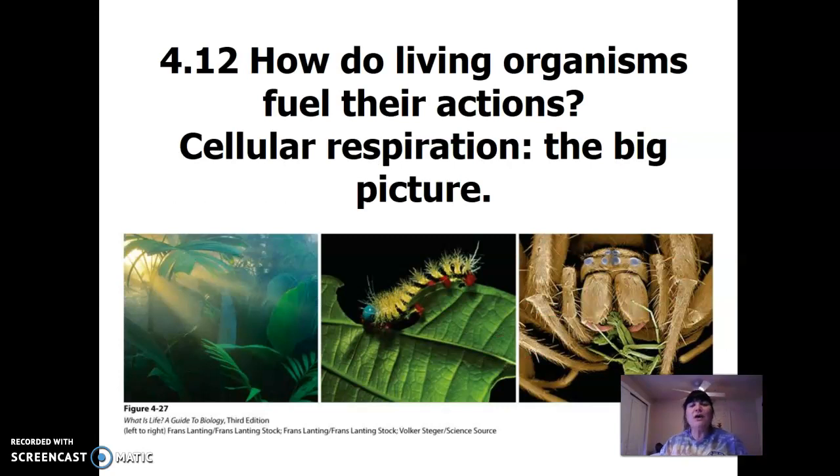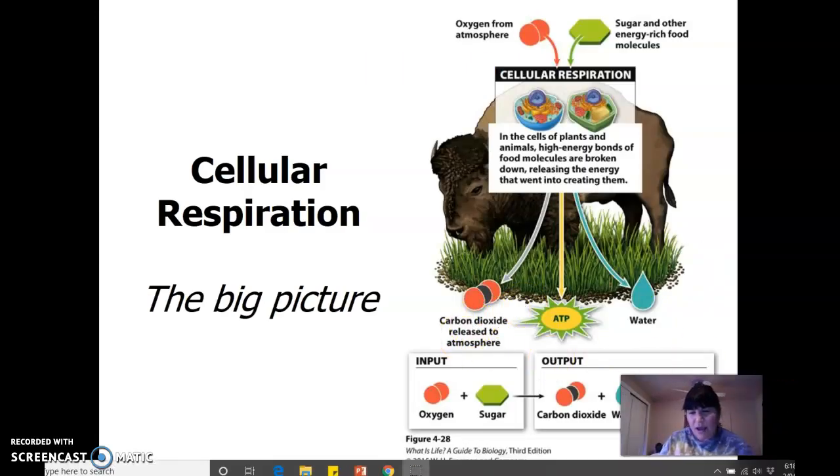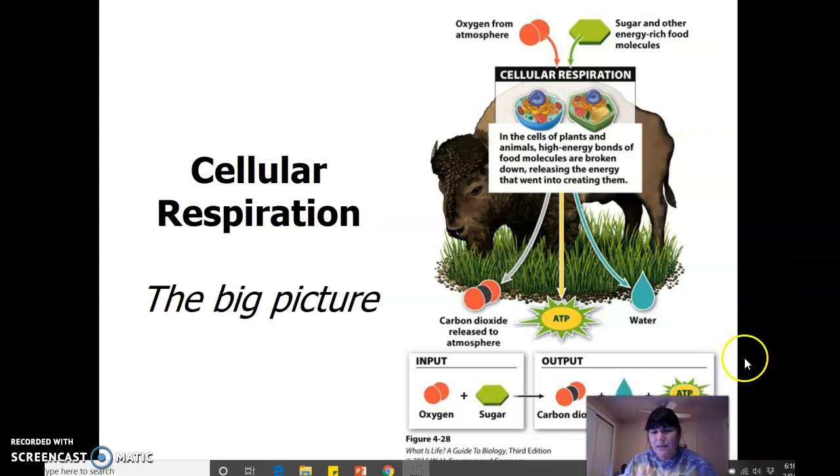All right. So how do living organisms fuel the reaction? Cellular respiration, the big picture. Plants do this, and of course, animals do this too. So here's the big picture. Now, if we look at it, it almost looks like the opposite of photosynthesis.